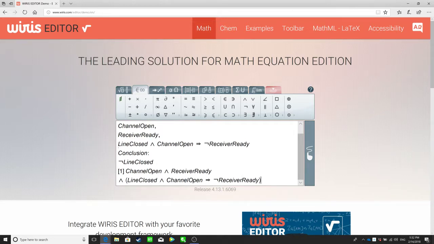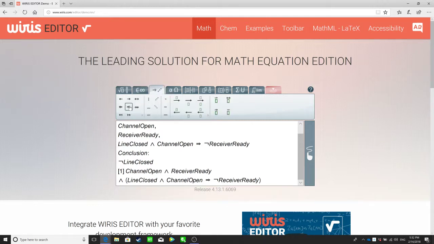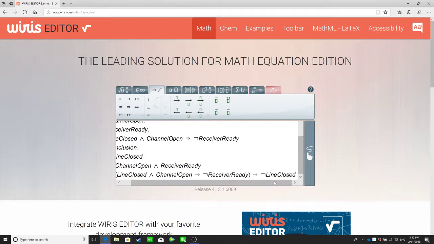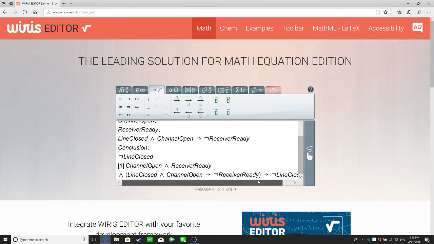Then what else? Use the imply rule. Exactly, we imply this conclusion. Okay, see that? So this is the thing we want to do.